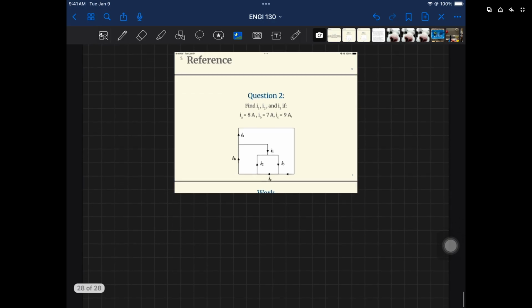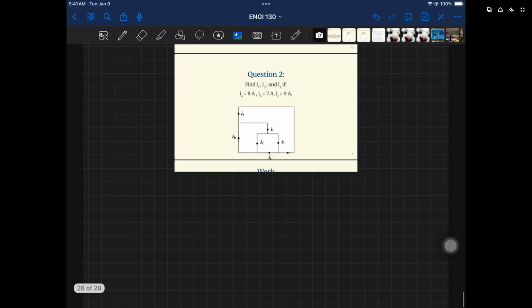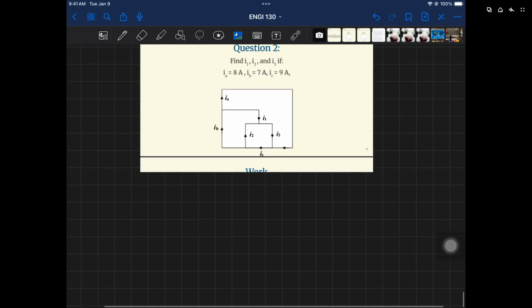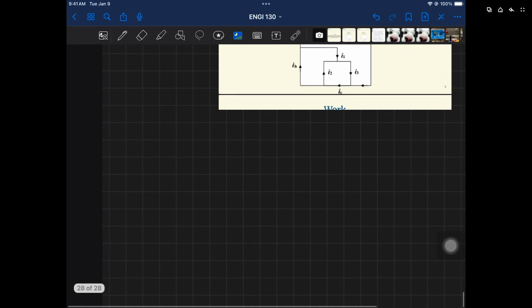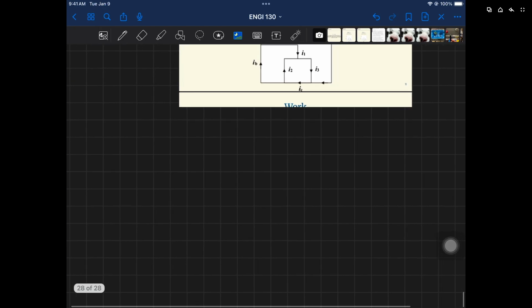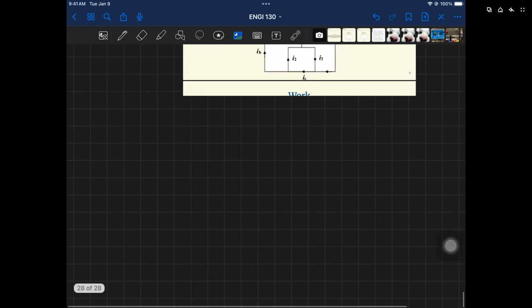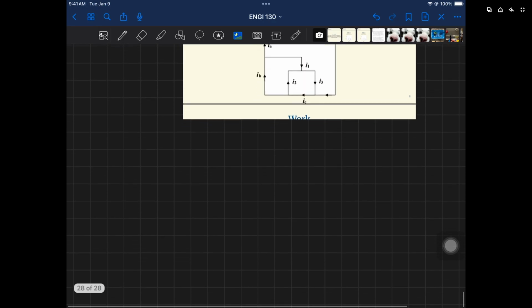So we have this problem. Question number 2. Find I1, I2, and I3 if IA equals 8 amps, IB equals 7 amps, and IC equals 9 amps. Now, let's start. So let's draw out the circuit.